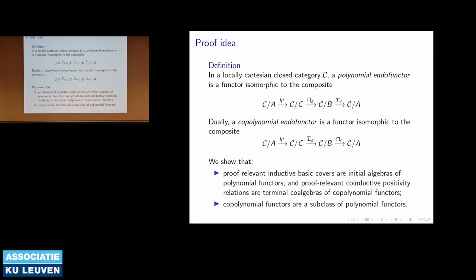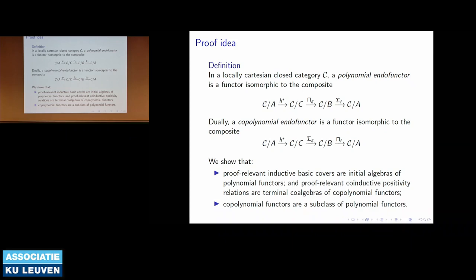So while M types and W types are defined referring to the same class of functors, here, in the topological methods, when we pass from the inductive case to the coinductive case, we dualize also the class of endofunctors we are referring to in the definition.